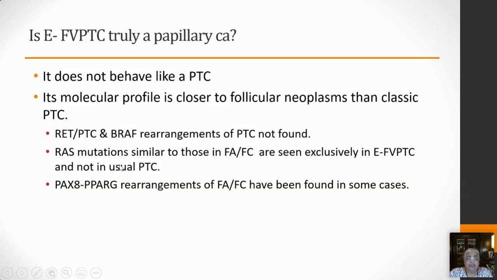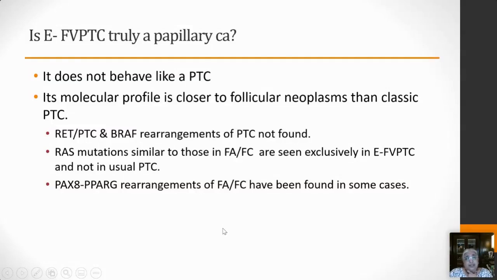RAS mutations, on the other hand, which are seen in follicular lesions, were exclusively seen in this EFVPTC and not in the diffuse variants of papillary thyroid carcinoma. And also the PAX8 PPAR gamma rearrangements were seen in some of these EFVPTCs, but were not seen in papillary thyroid carcinoma.